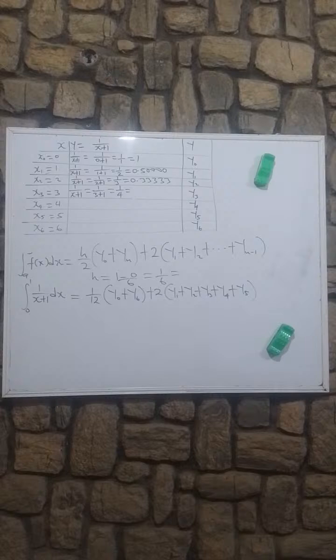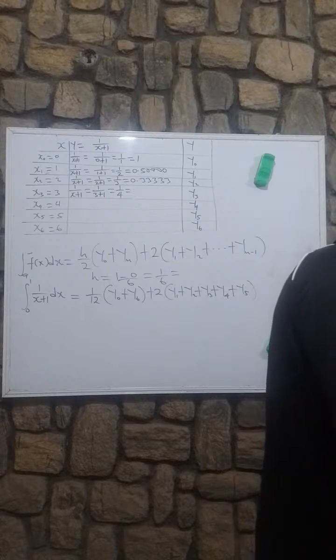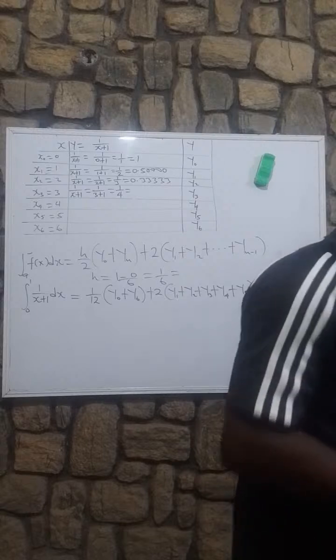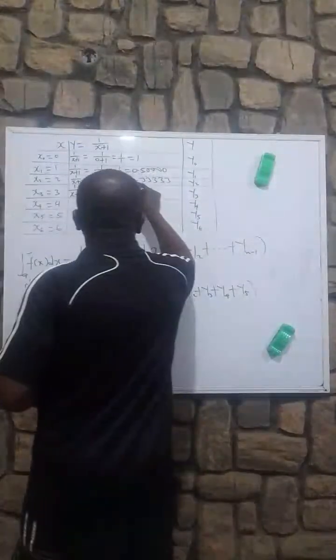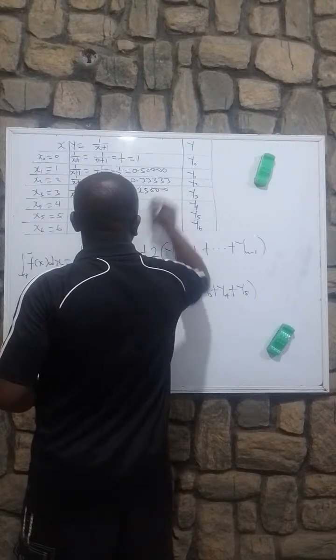Press your calculator now. That is 1 all over 4. 0.25000, right? Yeah.